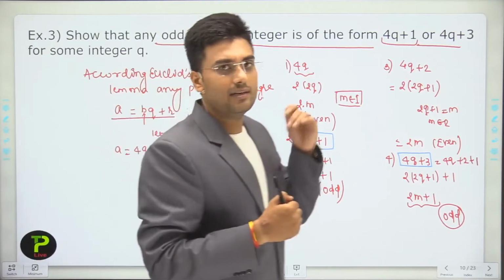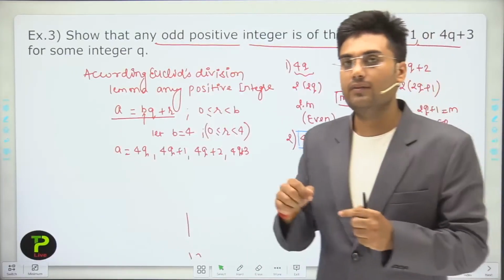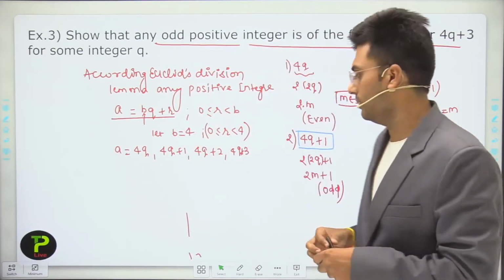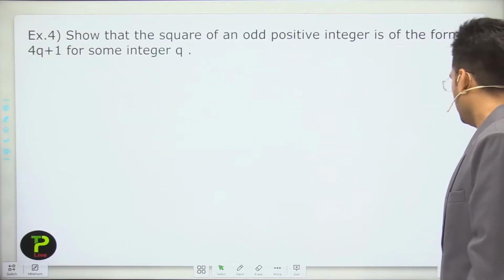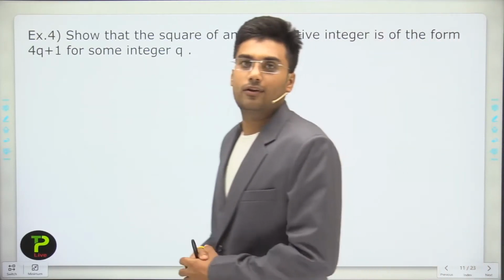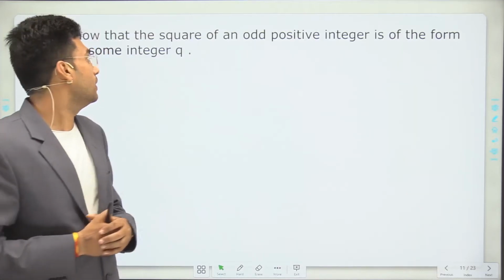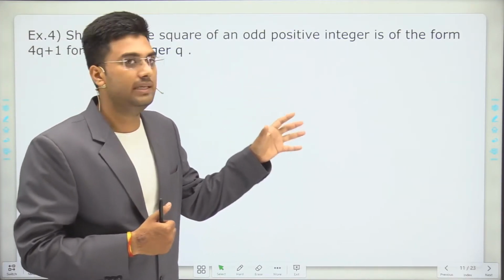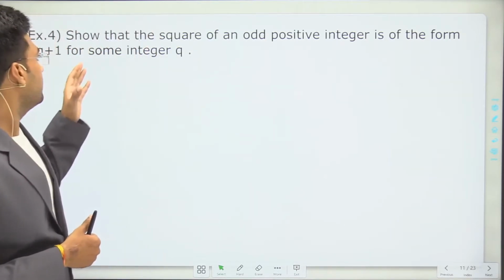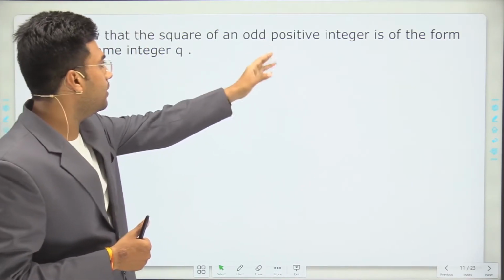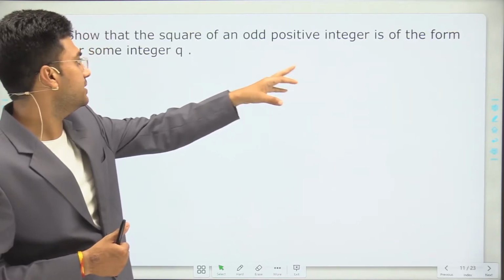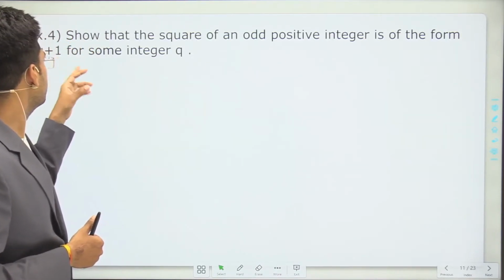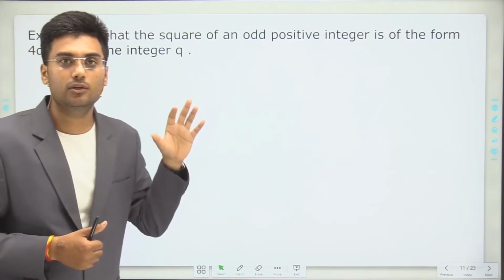We will discuss all types of questions in our next slides. Now the next question is, show that the square of an odd positive integer is in the form of 4q plus 1 for some integer q. Clear?